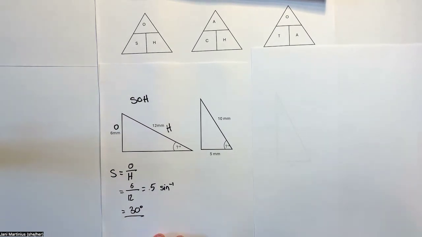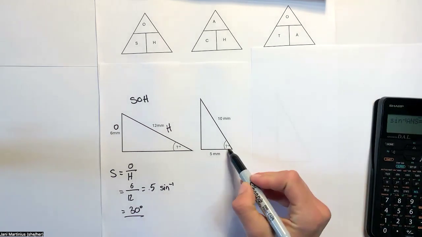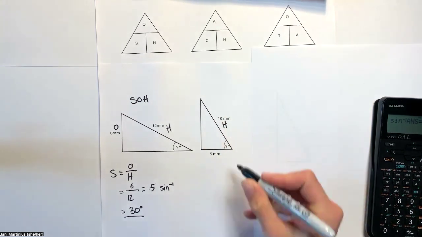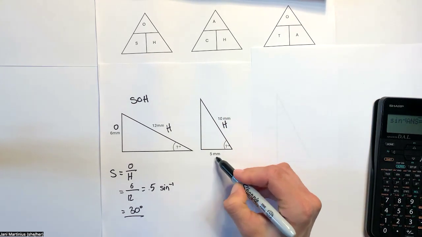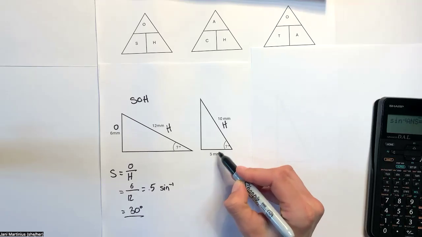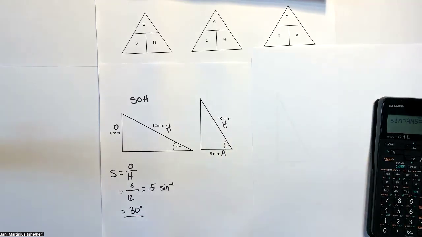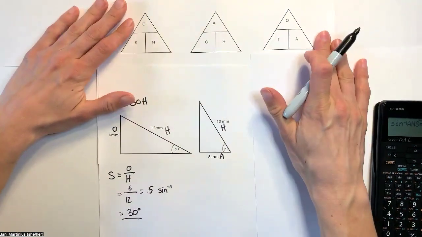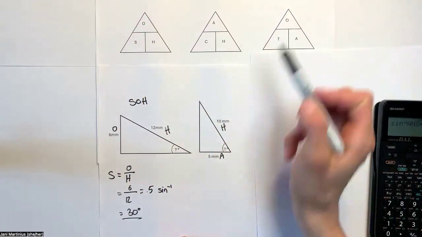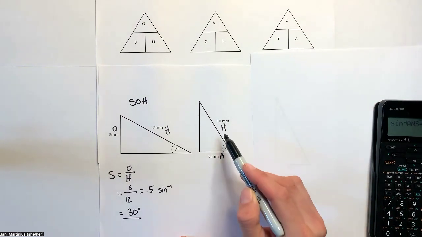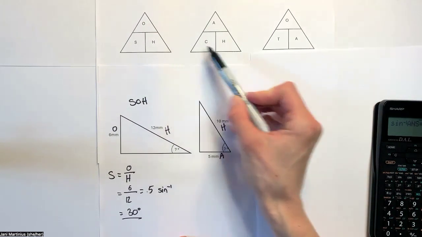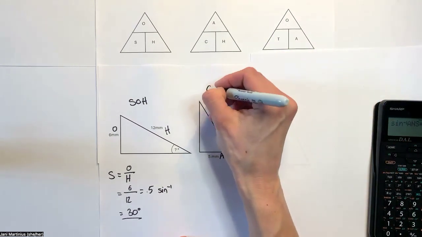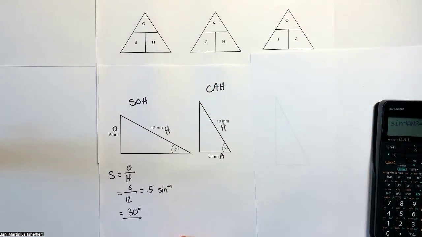Let's move on to the second one. We have an angle that we're trying to find. We have a hypotenuse, and we have something given to us that is right adjacent to our angle, which makes this an A. Now, looking at our triangle, SOHCAHTOA, we have an A and an H. Well, this has an H, this has an H, but only this one has an A and an H, so it'll be CAH.